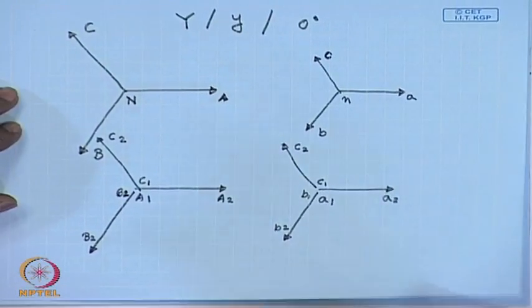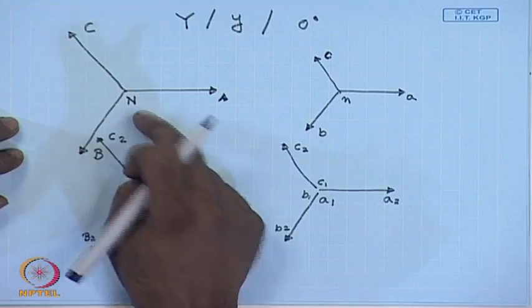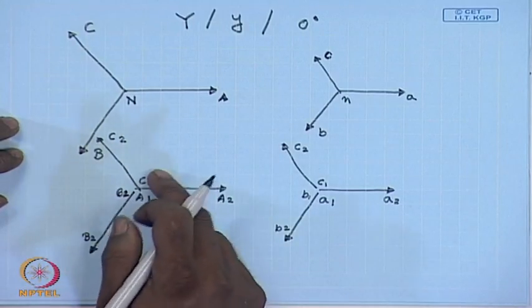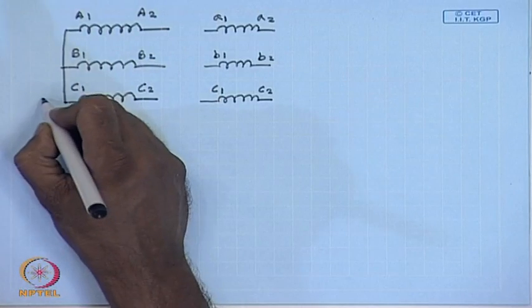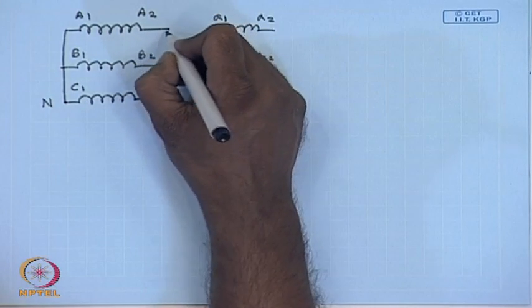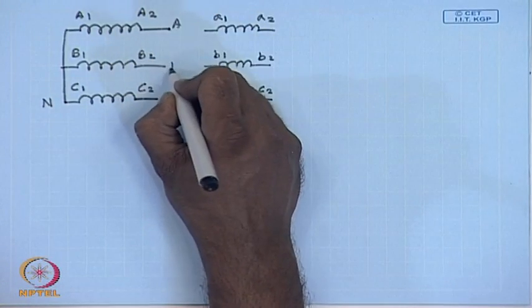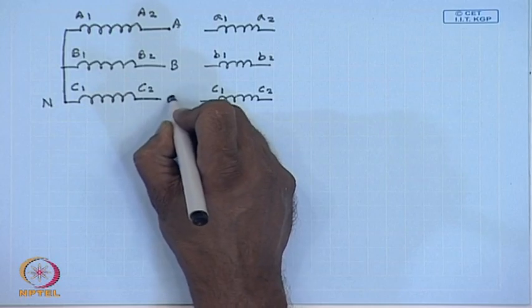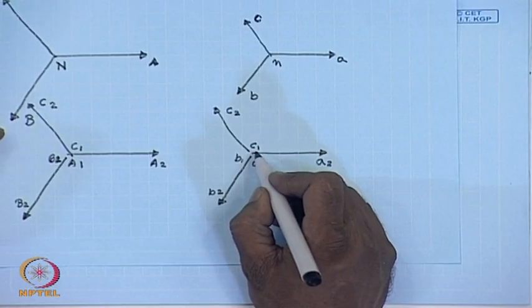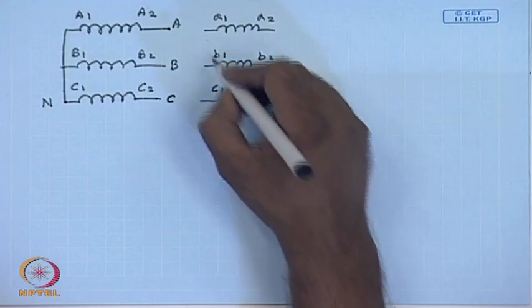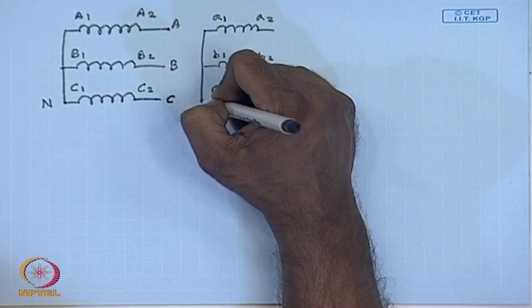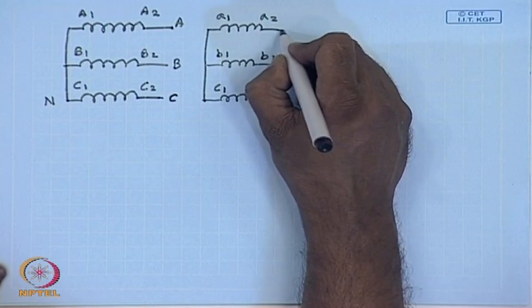Then from this phasor diagram we can see that the high voltage neutral is formed by joining capital A1, capital B1 and capital C1. So, this will be the neutral point N, this will be line A, this will be line B, this will be line C. Similarly, on the low voltage side the neutral is formed by connecting terminals small a1, small b1 and small c1, and the lines are obtained from the other side.